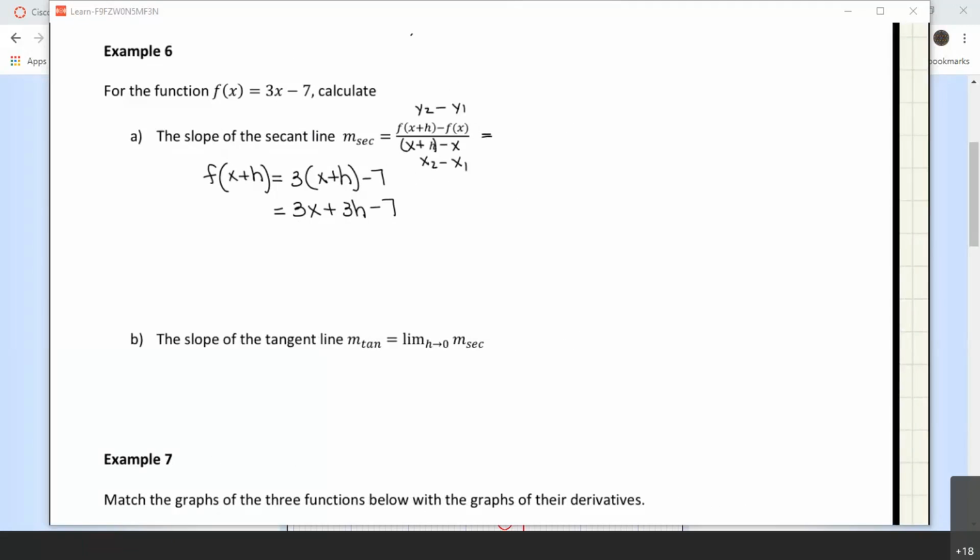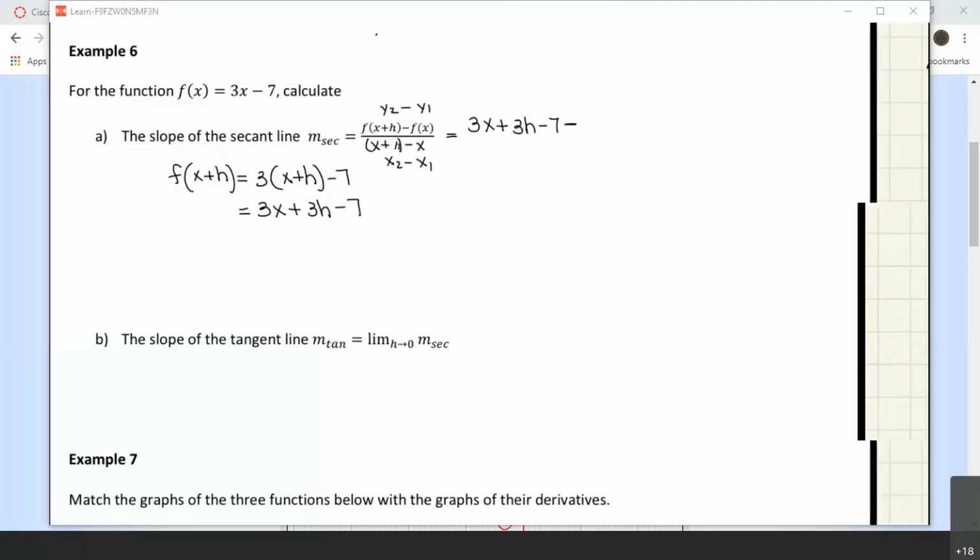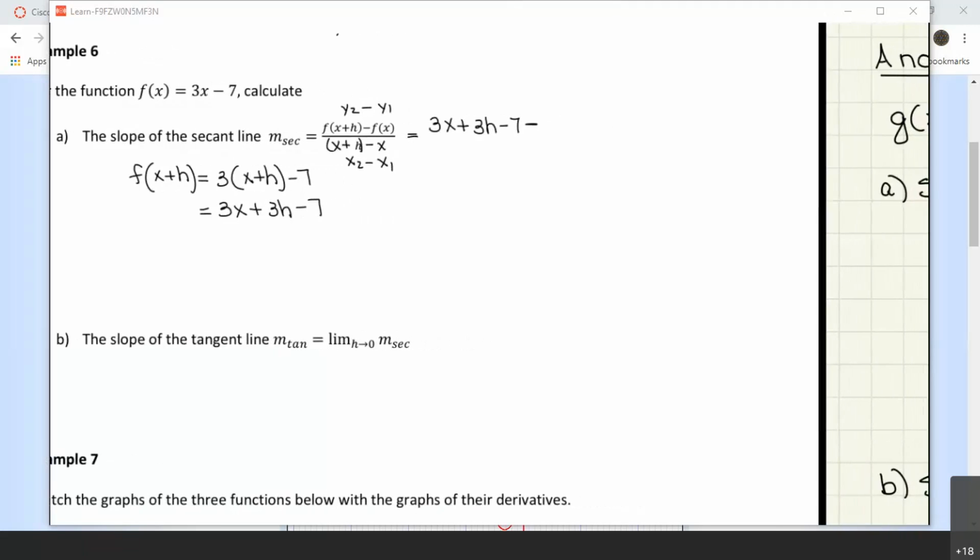And that's just going to give us f of x plus h minus f of x on the top. So f of x plus h I figured out, and then I have to subtract f of x. Now notice my f of x has two terms in it, so please make sure you put them in parentheses.